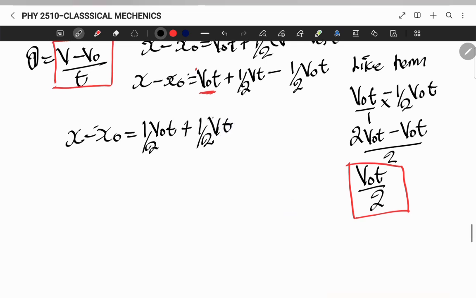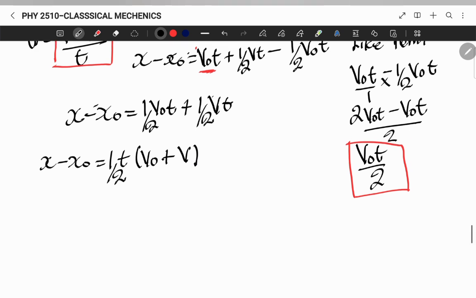So what are we going to do here now? We'll factorize. Since half is common in this one, half comes out. What else is common? Time as well is common. What is remaining is v naught plus v.